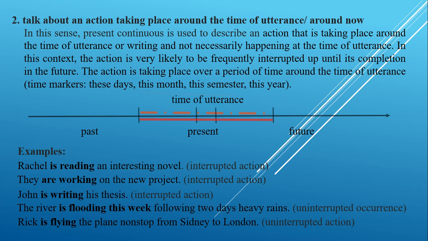You know that Rick is flying the plane. You see his plane took off from Sydney, but you are pretty sure that the plane has not reached London, and then you make this statement. When somebody else is asking you where Rick is, you can answer by making this statement: Rick is flying the plane non-stop from Sydney to London.